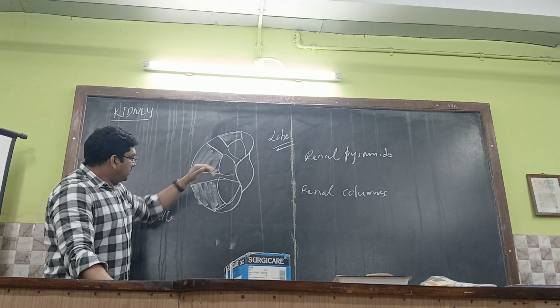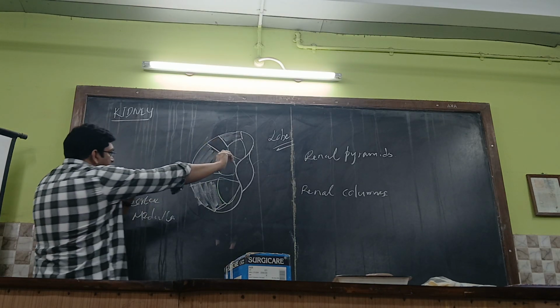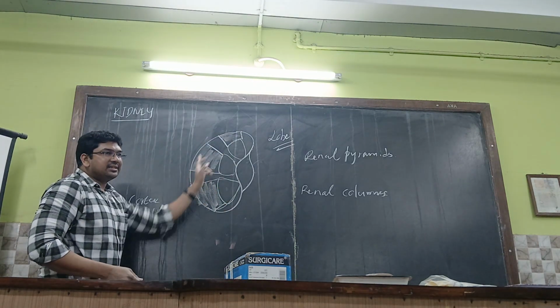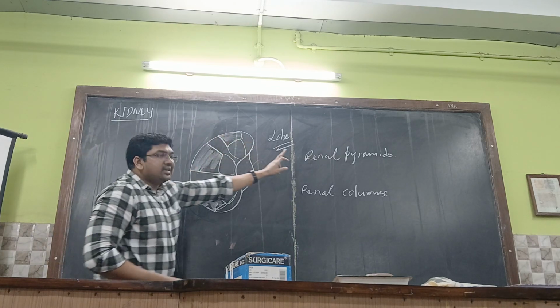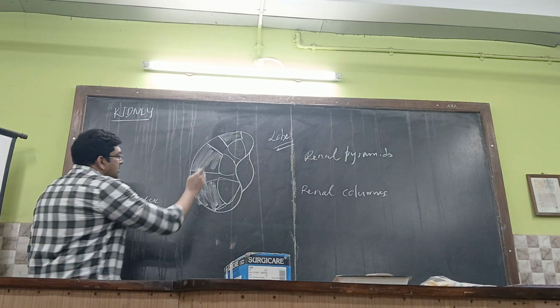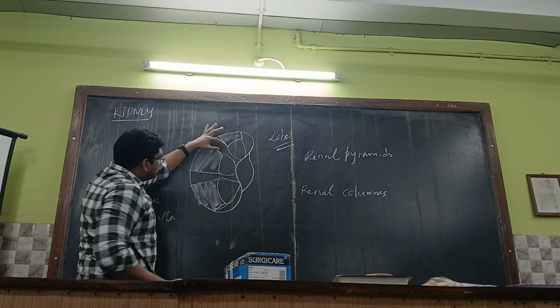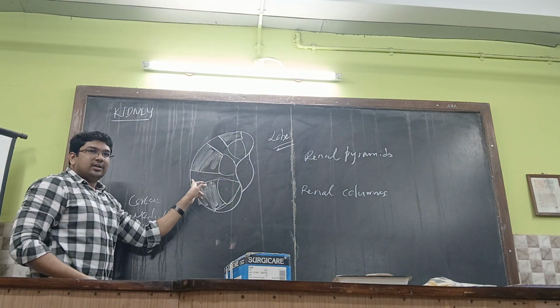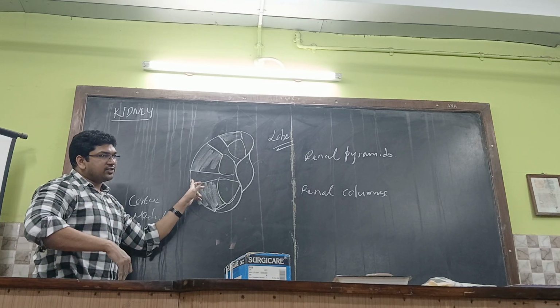Get it? So far we have covered the cortex, the medulla, and the renal lobes. Renal columns also. Okay. So the content of the renal columns is the vasculature, nothing but the renal vessels, the arteries and the veins.